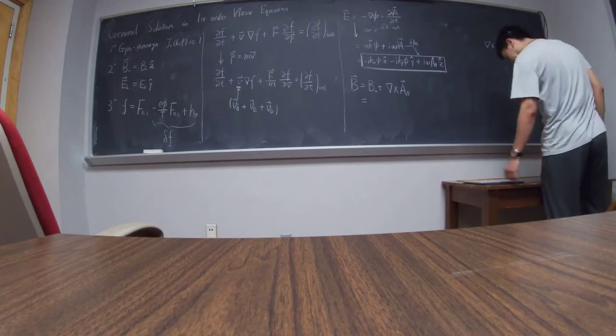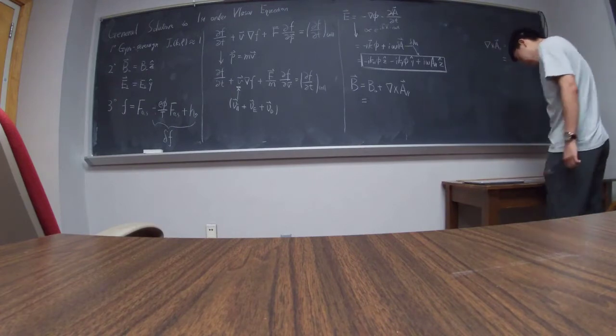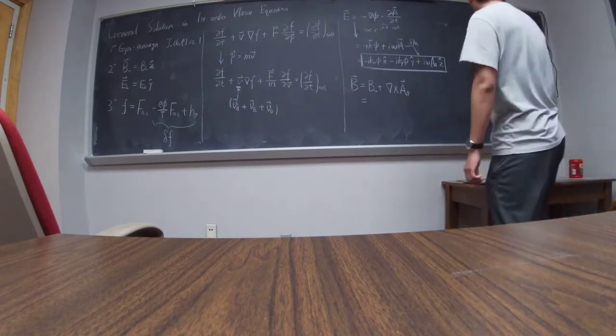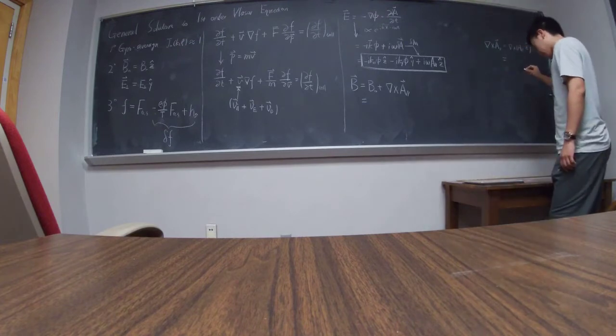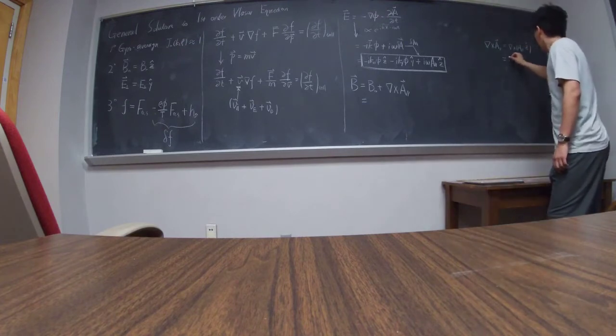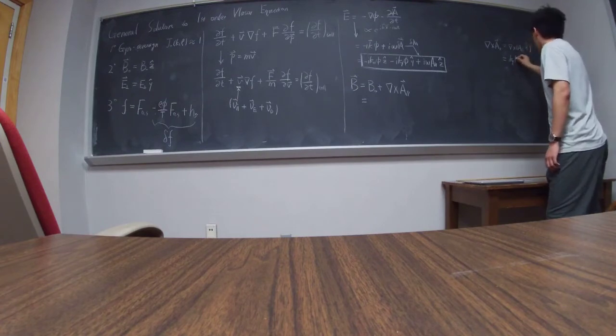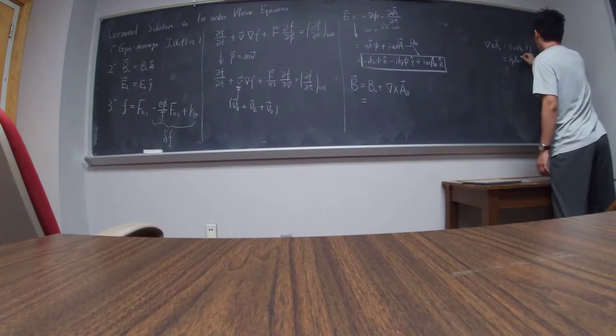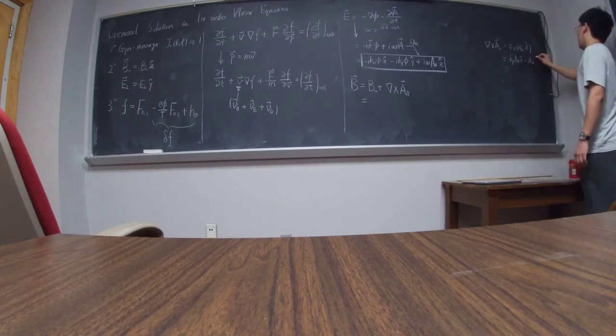So we have i k y A parallel x minus i k x A parallel y.